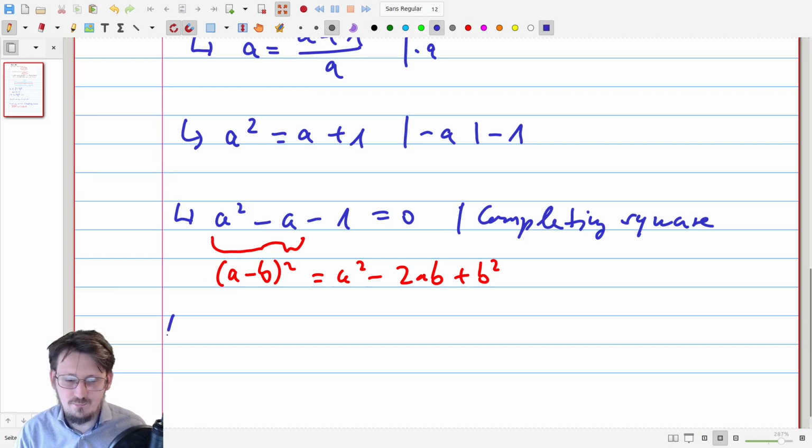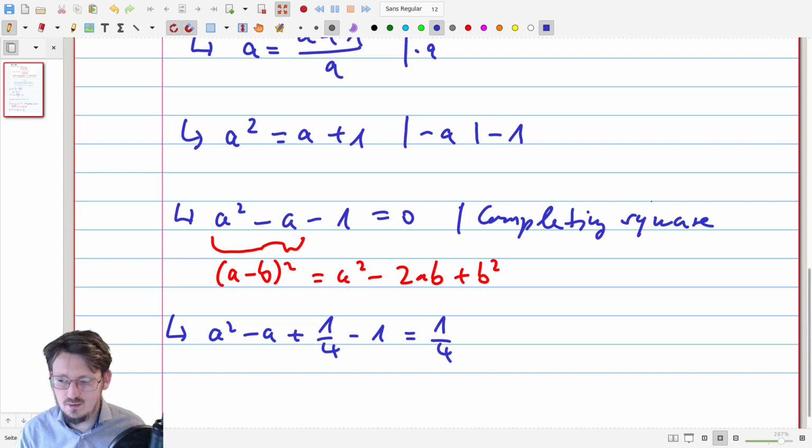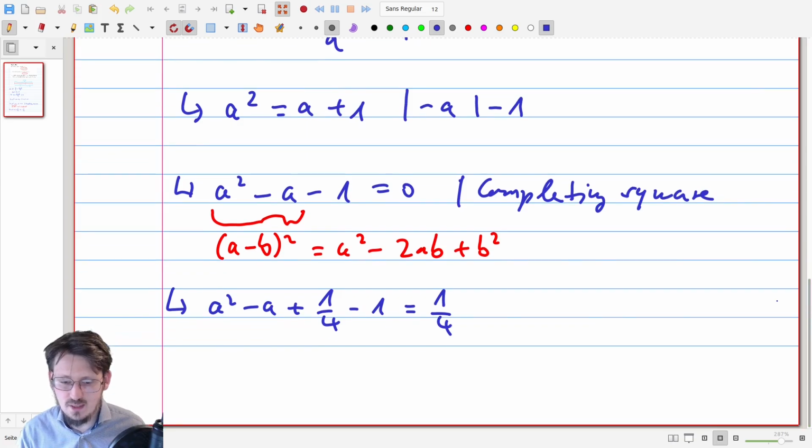So when we do that, we can write here now a squared minus a plus 1/4 minus 1, and then we have to, of course, also add 1/4 on the other side to make sure that our equation does not change its value. So now we can directly use our second binomial formula.